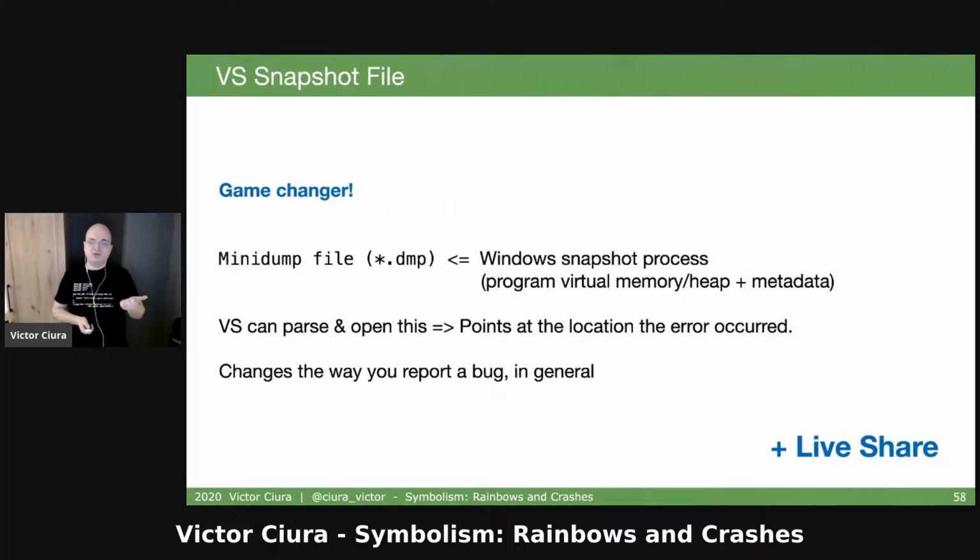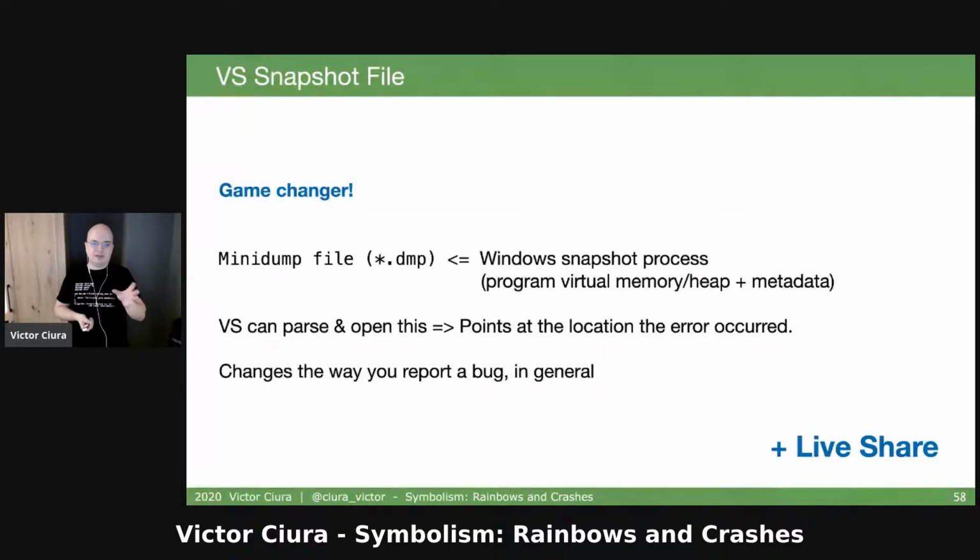If you're on a fairly recent version of Visual Studio 2019, and I strongly recommend that you be on the latest, there's a newer thing. Actually, the Minidump file format is fairly old, but the recent Visual Studio versions put this on steroids, and it really is a game changer.